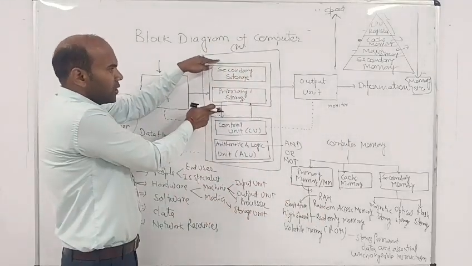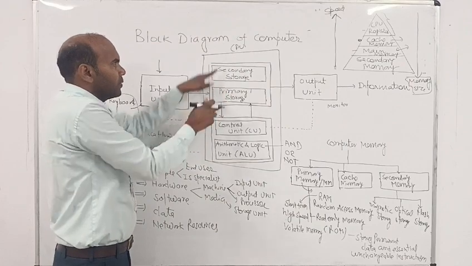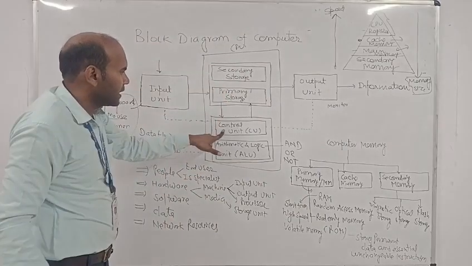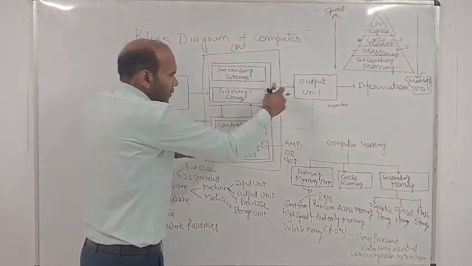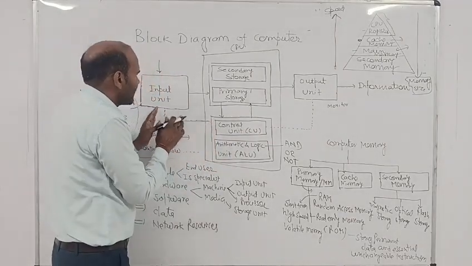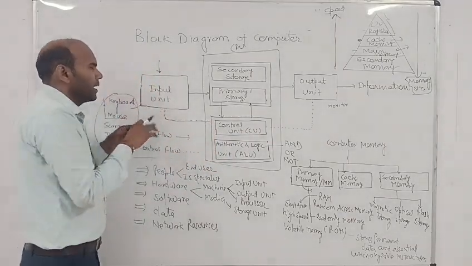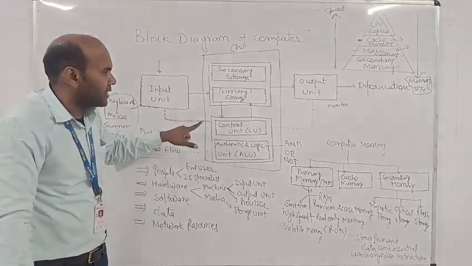So this is the secondary storage, and this is the primary storage that is connected to the CPU. This is the control unit that controls all the units connected to the system. This unit performs control operations like instruction fetch, instruction decode, and instruction execute.